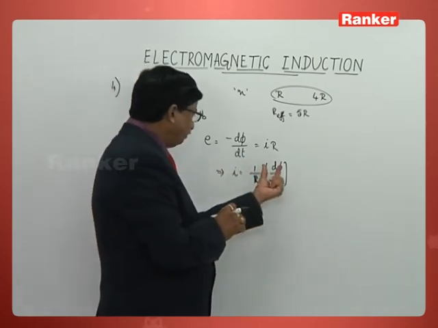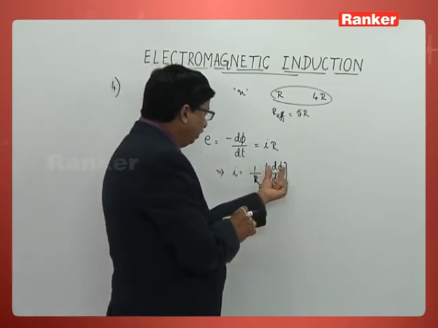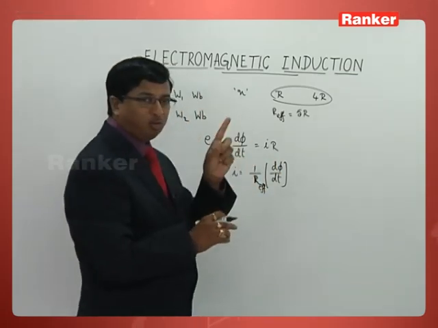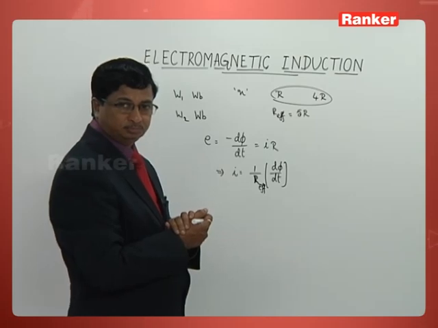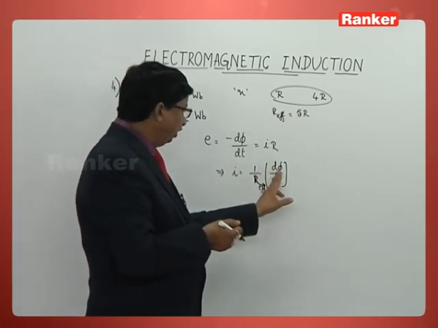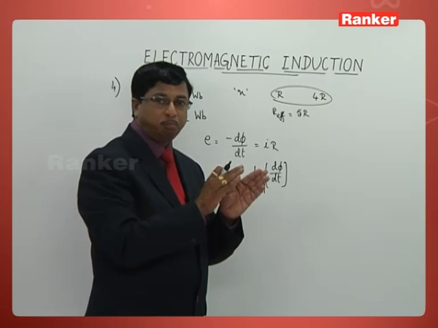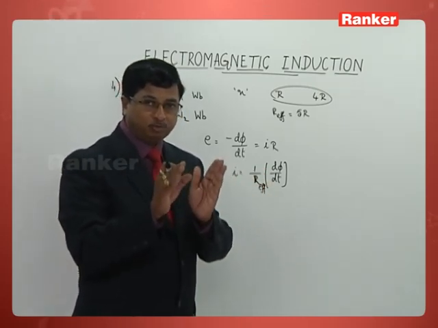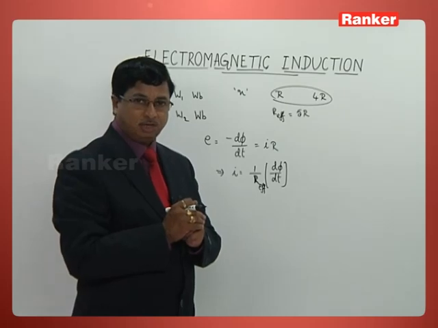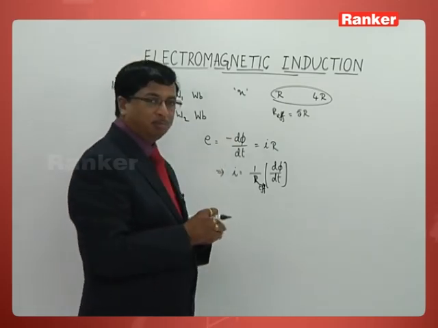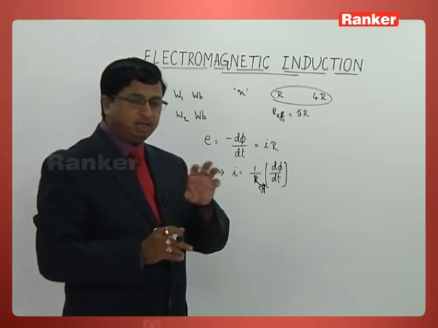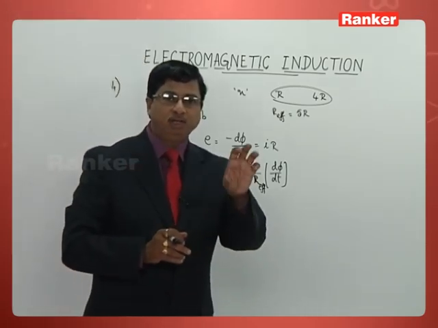Now, d phi actually will have B into A. In fact, phi is equal to B dot A, BA cos theta, as we used to write. But in this particular problem in that year's IIT-JEE paper, he did not mention the value of area.